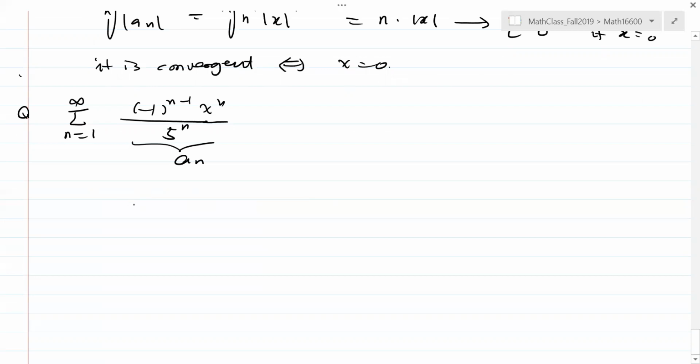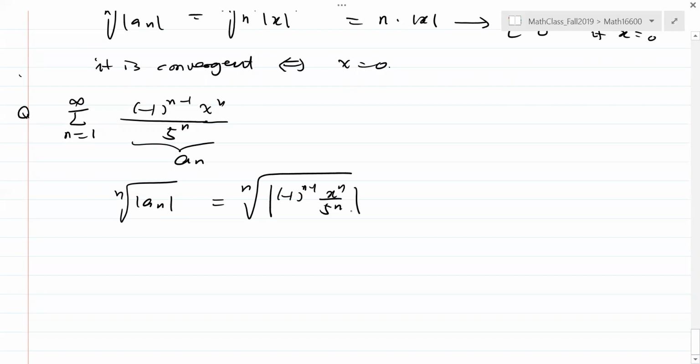Let's use the nth root test, because there's no n factor there. That's the reason I can use the root test. When I can use the ratio test, I usually can use the root test. So simplify that, and you will get just the absolute value of x to the n.